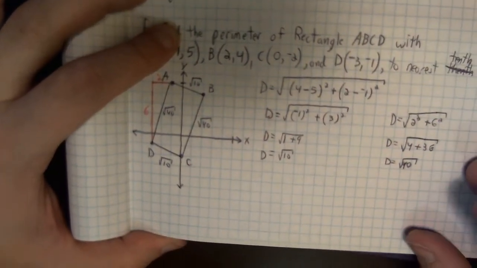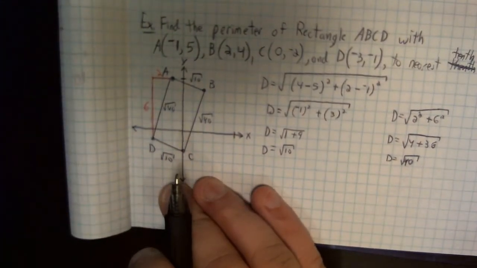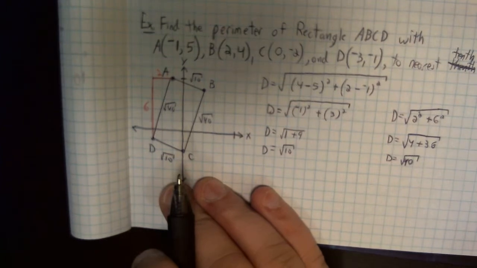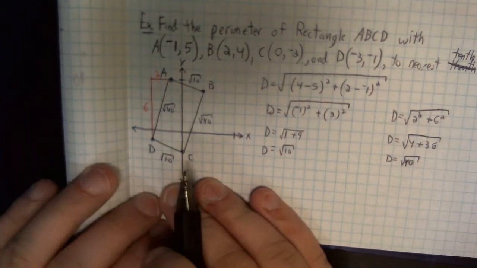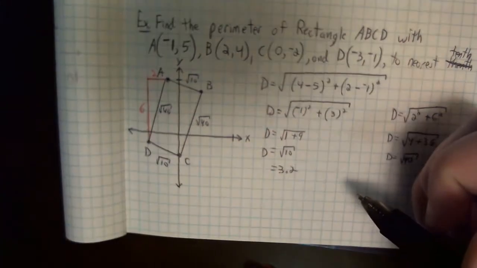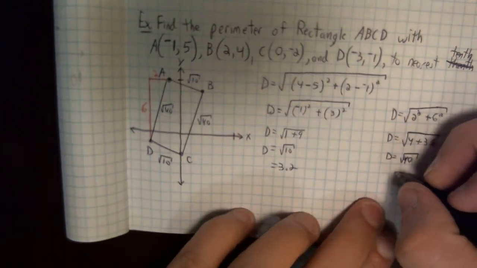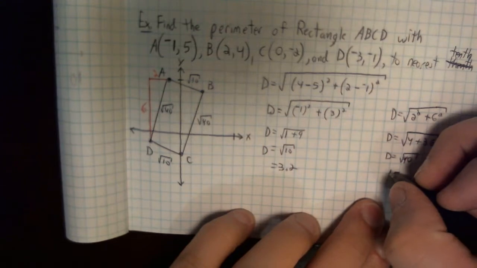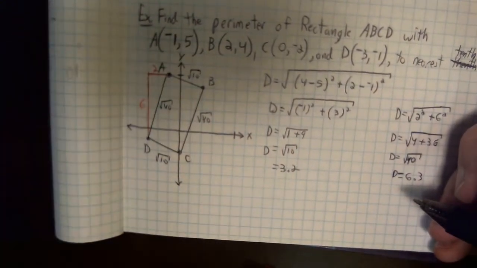If we were to find the square root of 10 to the nearest tenth, let's check that out right now. Square root of 10 is going to be 3.2. And square root of 40 is going to be around 6.3. So for perimeter, we're going to add up each of these side lengths.